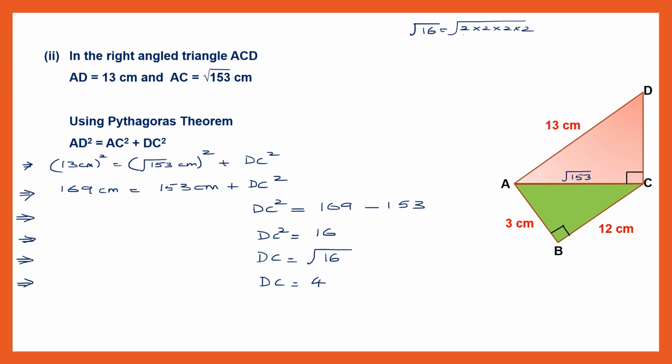Now let me pair the 2s. So I have one pair here and one pair here. So the square root of 16 is equal to, remove the square root sign, take 1 from each pair, 2 into 2. Square root of 16 is 2 2s are 4. So that's how we found DC is equal to 4, and the unit is centimeters. So DC is equal to 4 centimeters. So this is our answer.